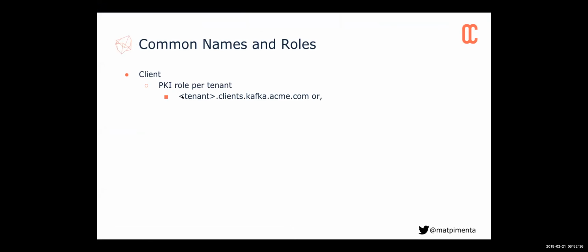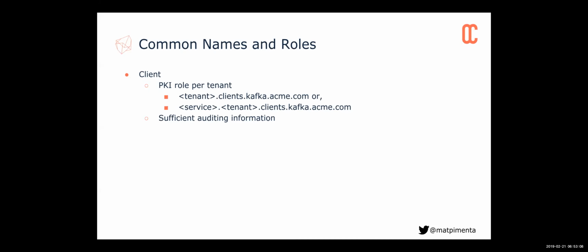We started off with a PKI role for each tenant, where we would replace the tenant here with some ID, so each tenant could only generate certificates of those formats, not anything. But actually, we went further and did something like this: each service inside the system that could generate certificates for a particular tenant would have something like that. And this gave us some very nice auditing capabilities.